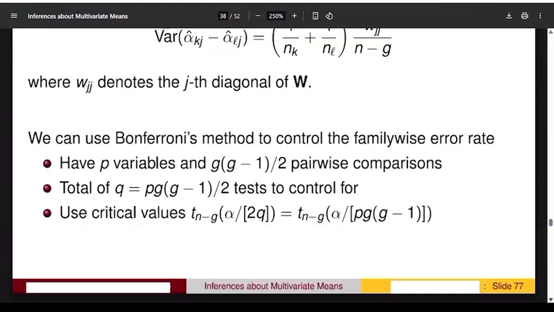Using the Bonferroni, don't forget the idea behind Bonferroni is to control the family-wise error rate. If the number of tests increases, the type 1 error rate increases, and the Bonferroni will enable us to control for that. We don't want a situation where the probability of type 1 error is inflated.